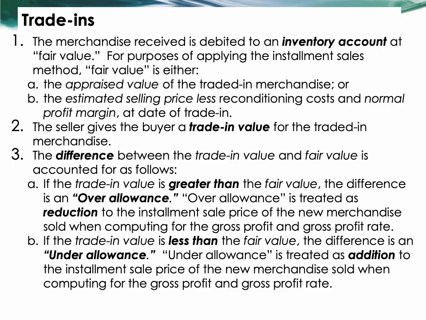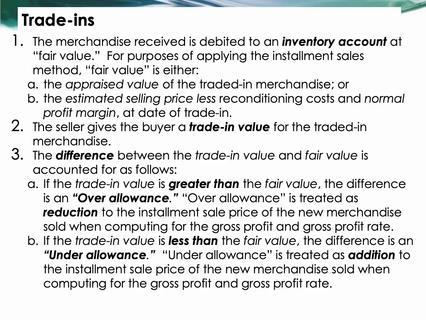If there is an over allowance, which happens when the trade-in value is greater than the fair value, the difference is an over allowance, and this is essentially a hidden sales discount. We treat it as a reduction to the installment price of the new merchandise when calculating gross profit and gross profit rate.